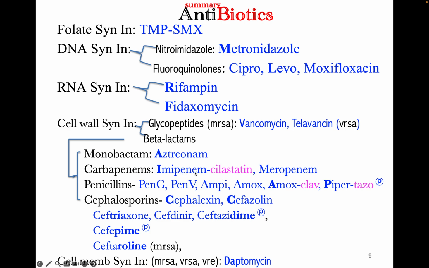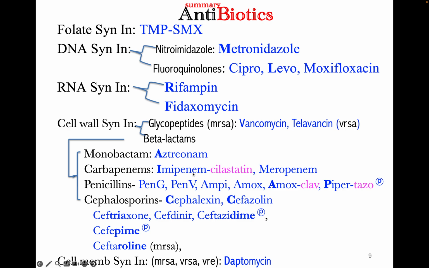Imipenem-cilastatin, what is the specificity of this drug? It can treat polymicrobial infections, a broad-spectrum antibacterial drug, and it can also pass the blood-brain barrier.